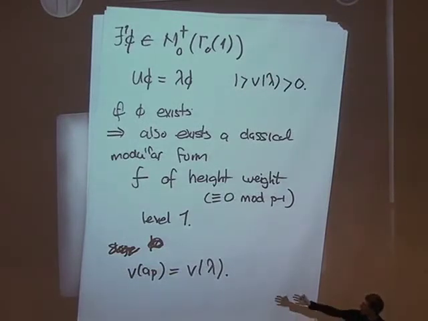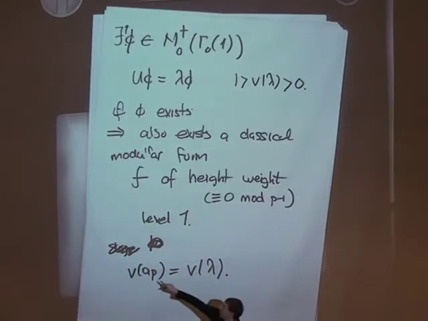So it turns out that this AP actually tells you quite a lot about the Galois representation associated to F. A well-known fact, for example, is if AP was a unit, then the corresponding Galois representation is ordinary. And so even if you then restrict the corresponding Galois representation mod P, you also get something ordinary.